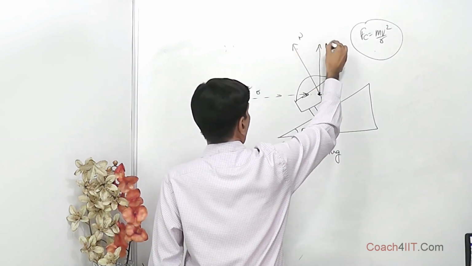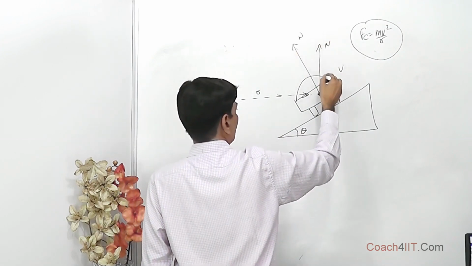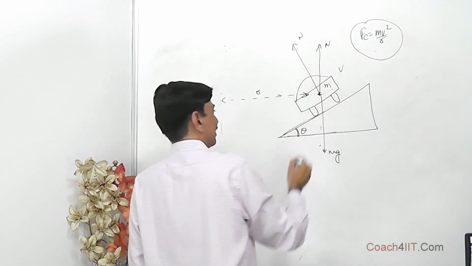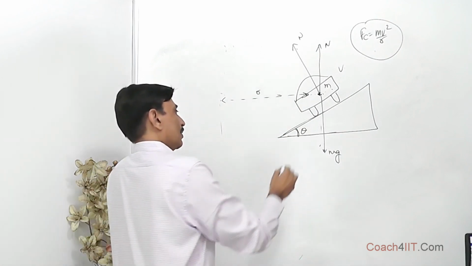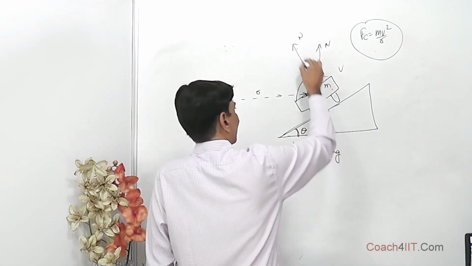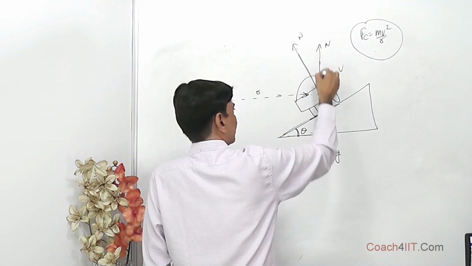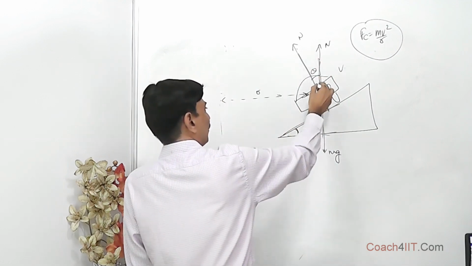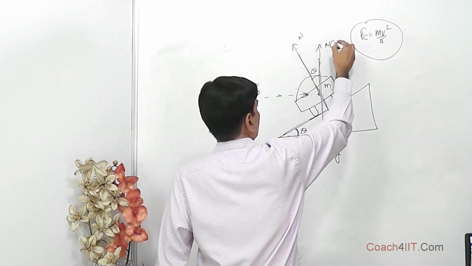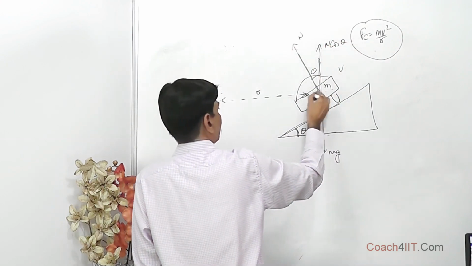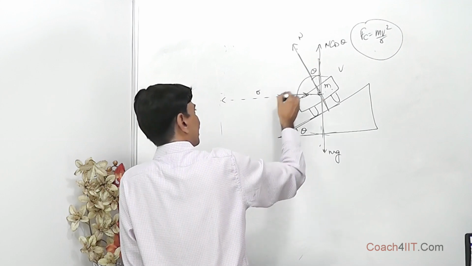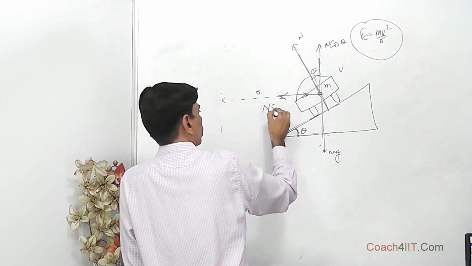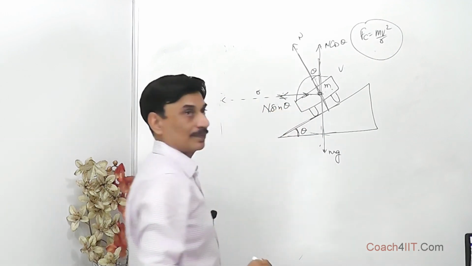N can be broken into two components. This is theta. The angle between the two lines and their perpendiculars is the same. Perpendicular to this line is this line, and perpendicular to this line is this line, so if this angle is theta, this is also theta. If this is theta and this is N, the vertical component is N cos theta, and the component towards the center is N sin theta.